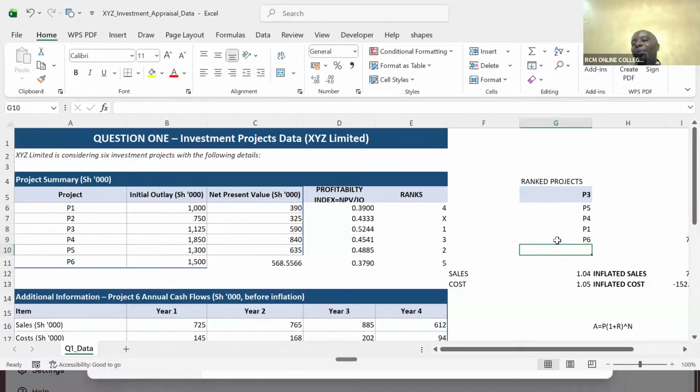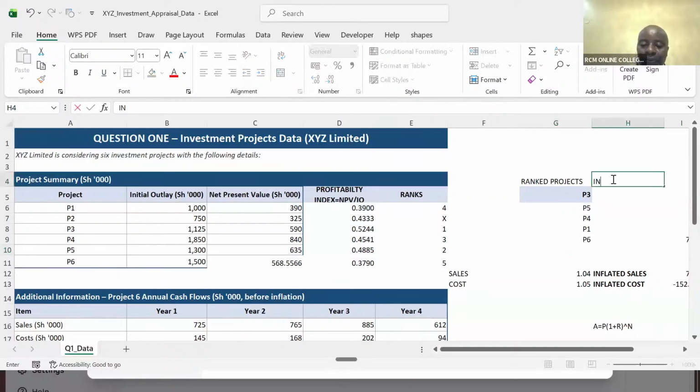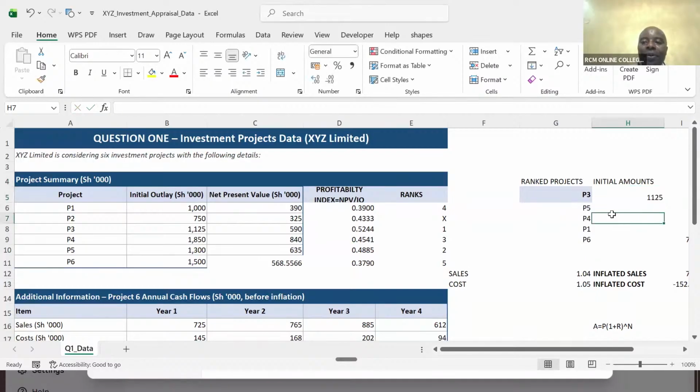Yeah, great. So now give me the initial amounts here. So project 3 initial amount, the same as initial outlay, is 1125. Project 5, the next one, the initial outlay is 1300.